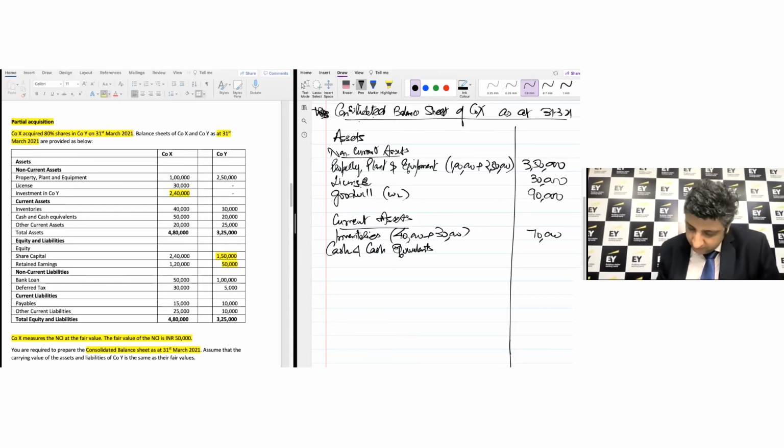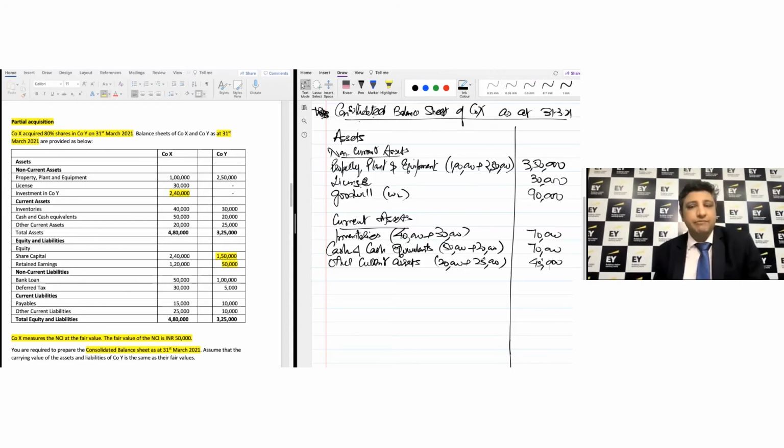Cash and cash equivalents, which is 50 plus 20, 70,000. And then we have other current assets, which are 20 plus 25, which is 45,000.